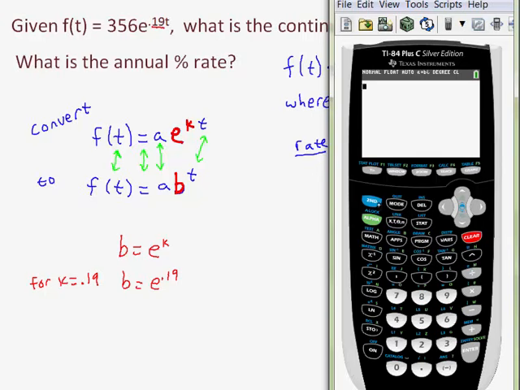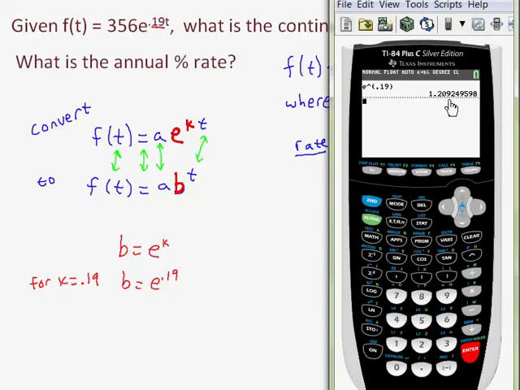So when I type this in as second ln, which gives me the e, the caret, and left parenthesis, 0.19, close the left parenthesis with the right parenthesis, press enter. I'm going to round this to 5 decimal places, and you'll see at the end that we lose a couple when we do the actual final answer.